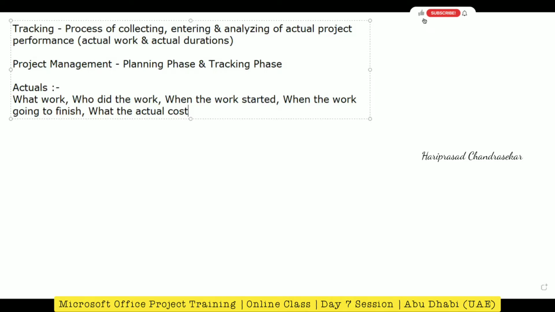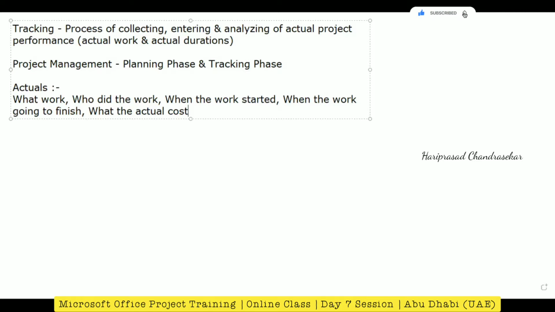So sometimes we also get variances, like variation in the duration and variation in the cost. Cost and time sometimes change, and we get scope variation as well.